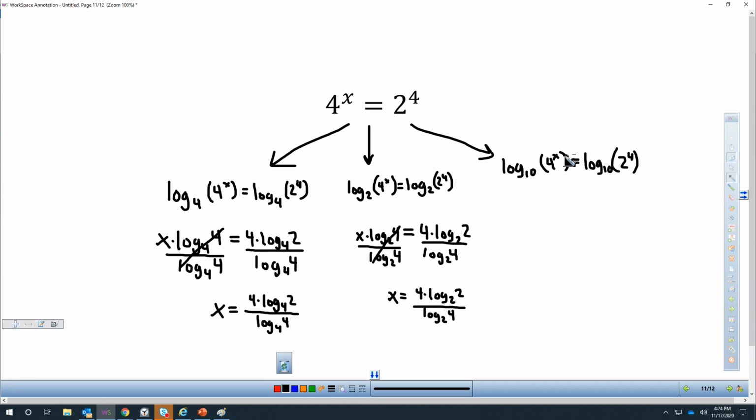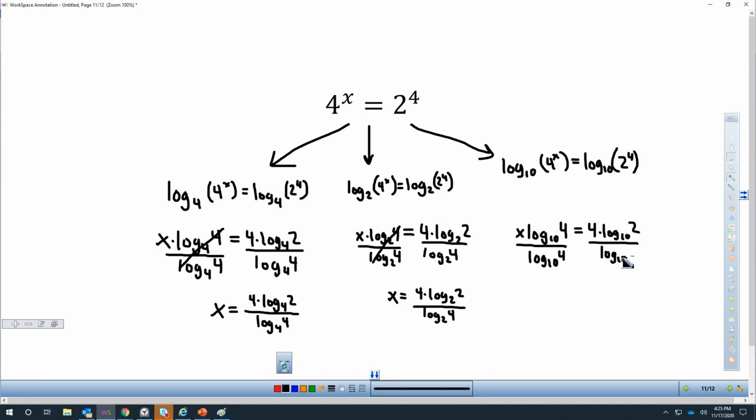Okay, now on this last one, same thing. The exponents come out using my power rule. So we got x times log base 10 of 4. And that's going to equal, the 4 comes out, so 4 times log base 10 of 2. And to get x by itself, I'm going to divide by log base 10 of 4 on both sides.